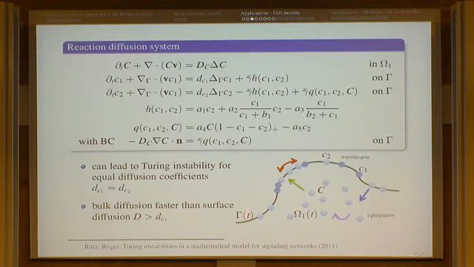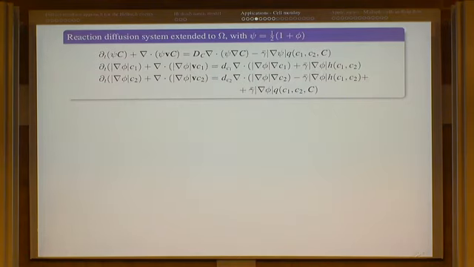Okay, and the model we see here again: this bulk equation holds in omega-1, which is also time dependent, and the other equations hold on the surface gamma, which is also time dependent. Then we apply our phase field framework to these equations, and we can nicely extend them to the whole domain omega. Consider psi as a transformation of this phase field.